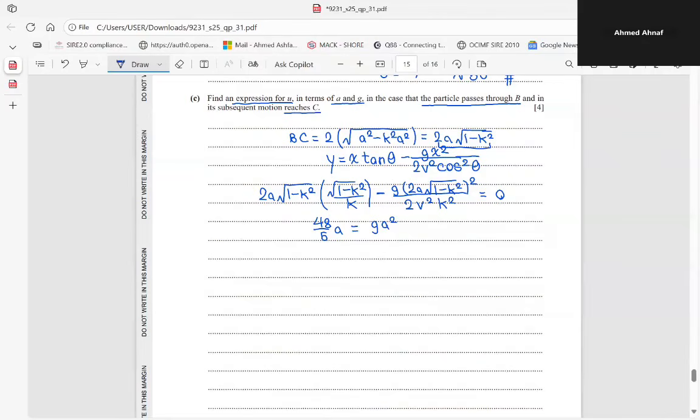You get a squared times 2 times 1 minus 1 over 25, so you get 96 over 25, over 2 v squared, 2k squared, 2 over 25.